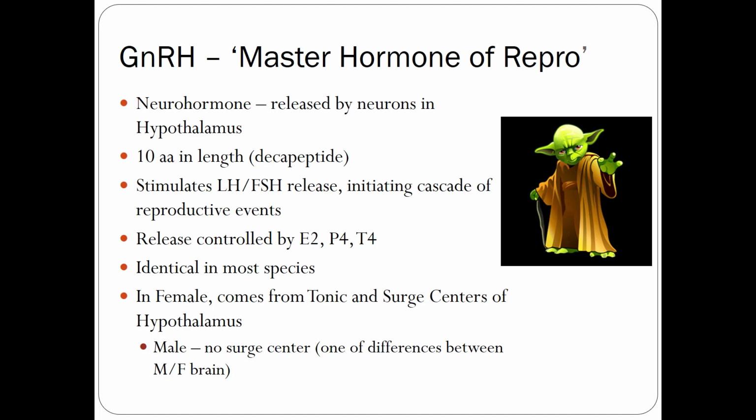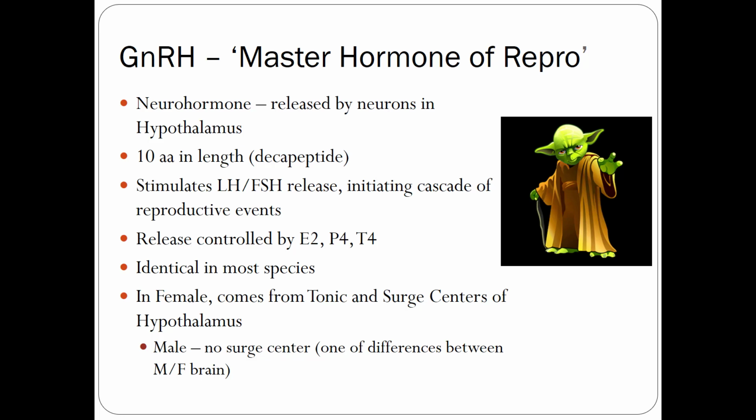When GnRH is synthesized or created in the hypothalamus and secreted into the third ventricle and the hypophyseal portal system that runs between the hypothalamus and the anterior pituitary gland, it will actually stimulate the gonadotrope cells in the anterior pituitary to produce luteinizing hormone and follicle stimulating hormone.